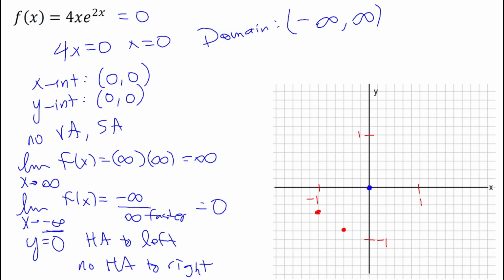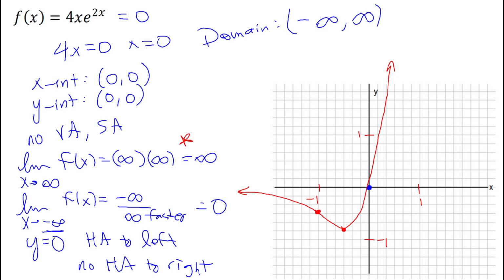And we know we're concave down and approaching that horizontal asymptote to the left until we get to that point at negative 1. Then we switch at our point of inflection to be concave up. And then after that, we go up, being concave up through our x-intercept and our y-intercept, and go up towards infinity, just like our limit told us that we should over here.